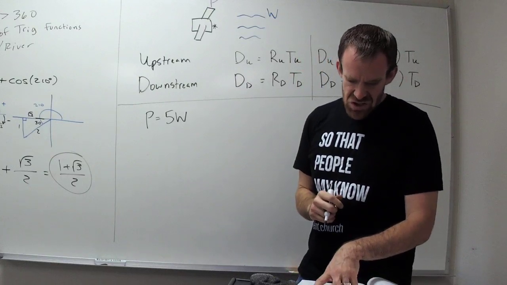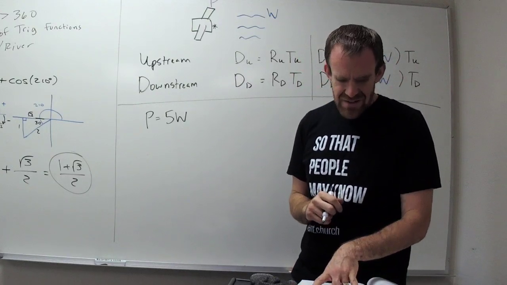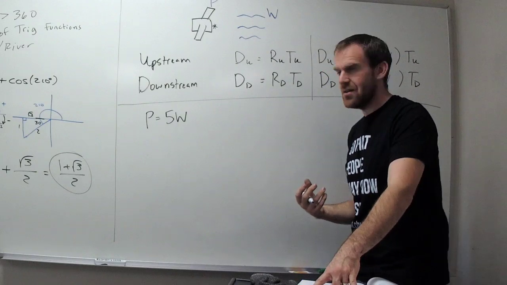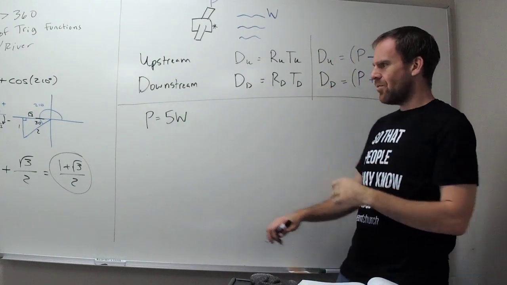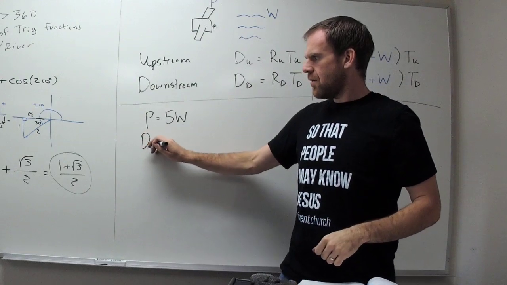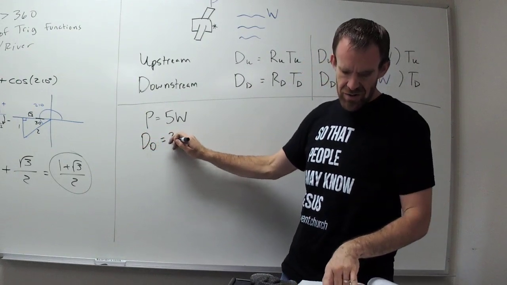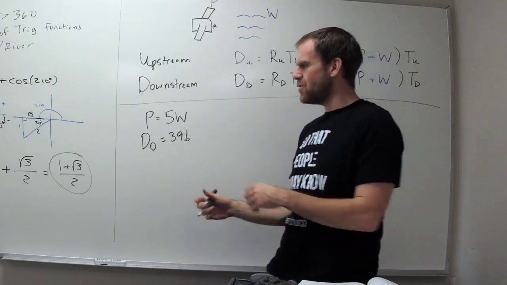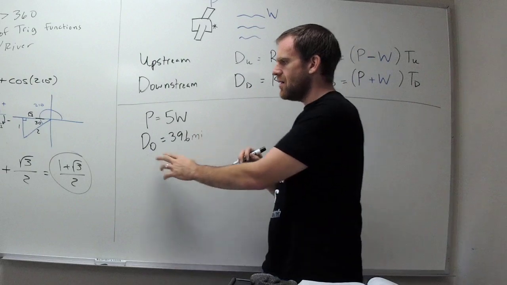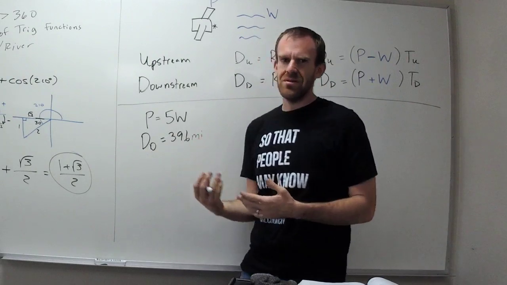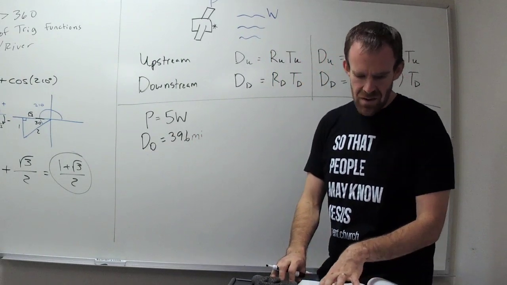Next, she flew 396 miles downwind. So in this case, I'm going to say that her distance downwind is 396 because she flew 396 miles downwind or downstream. It's the same concept.